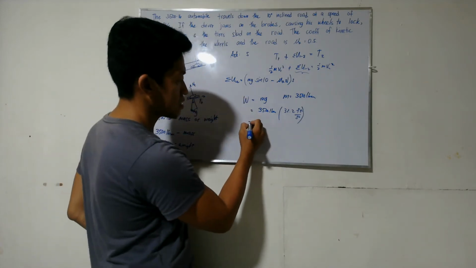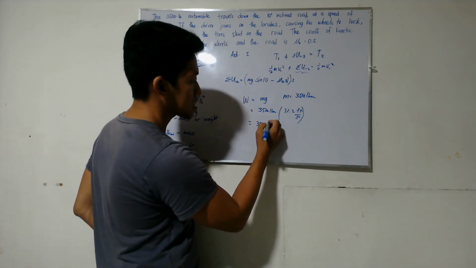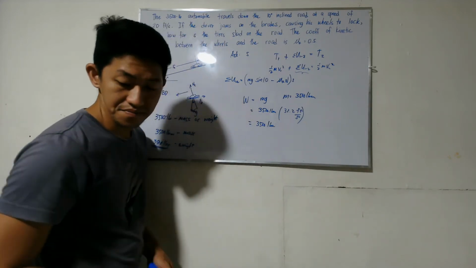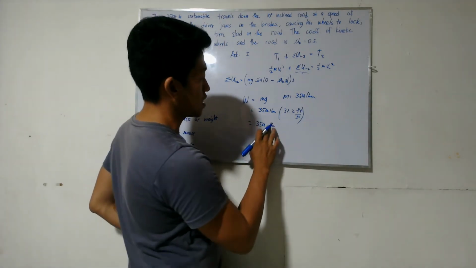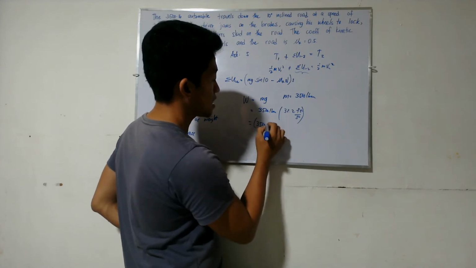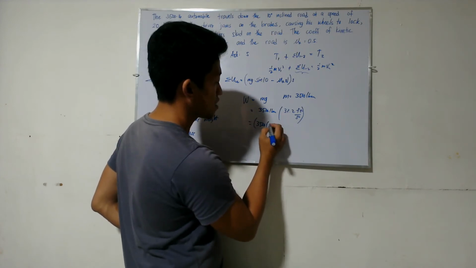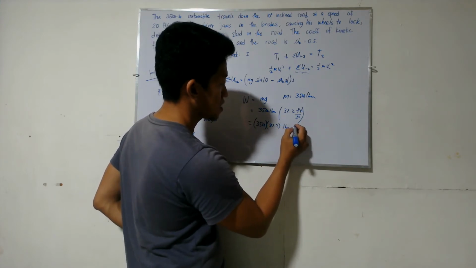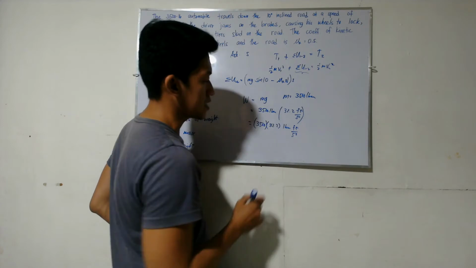Right? So the answer would be 3,500 pound mass feet per second squared.